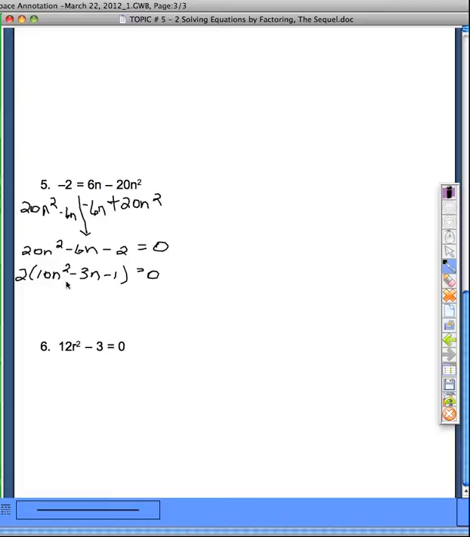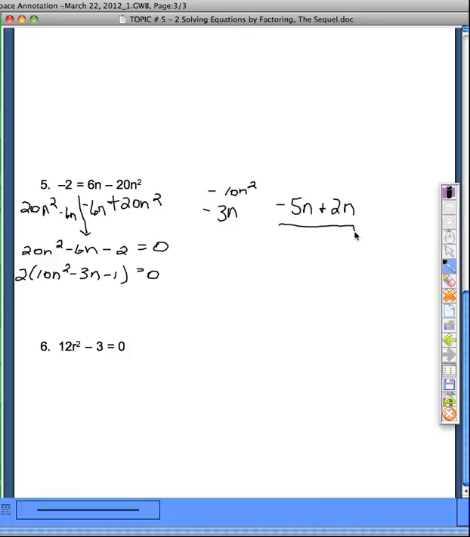And then we need to see if we can factor what's in parentheses. We can kind of forget about the 2 for right now in terms of solving for the n. So I need factors that will multiply to be negative 10n squared and add to be negative 3n. And that could be minus 5n and 2n. Those would multiply to be negative 10n squared and add to be negative 3.